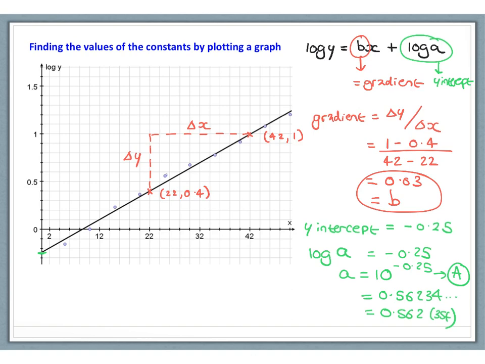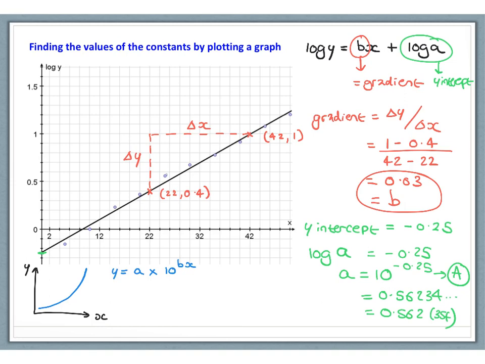So what have we done? We have found out that our original data, if you recall, we had data of y versus x, which seemed to have some sort of curved shape to it. And we were told that the data could be modelled with an equation of the form y equals a multiplied by 10 to the power of bx.